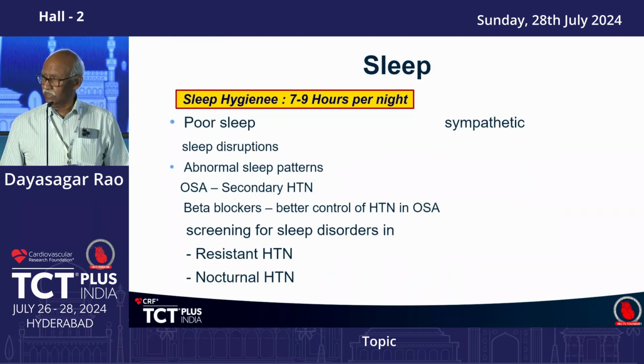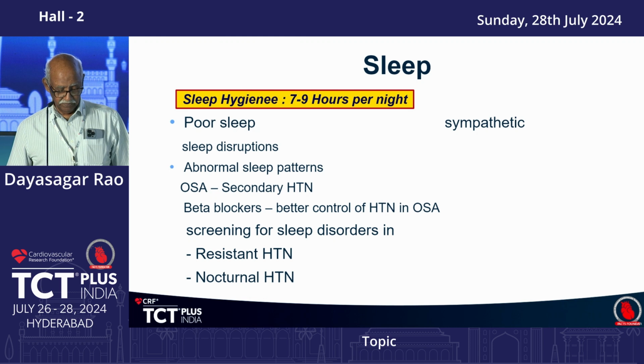Appropriate sleep is very important for maintaining your sleep hygiene. To have what we call an appropriate sleep, you need to have 7 to 9 hours of sleep per night. Poor sleep results in overactivity of the sympathetic system and consequently a rise in the blood pressure.